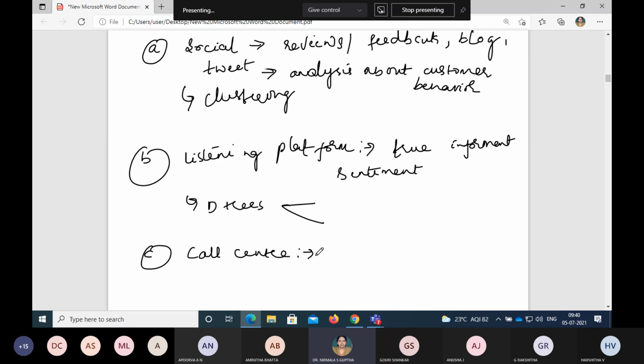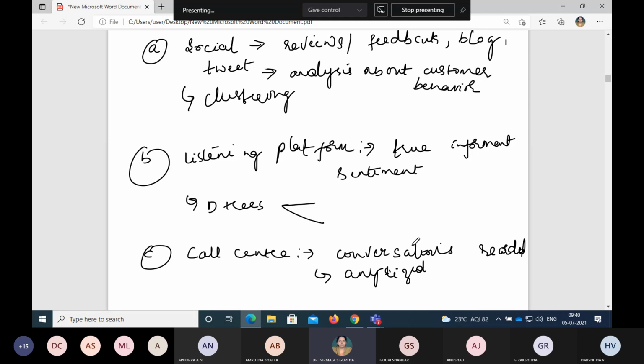Those records can also be analyzed. The conversations recorded from the call center by the customers also need to be analyzed. This is most important. The analytics come in here because we need to understand the patterns.